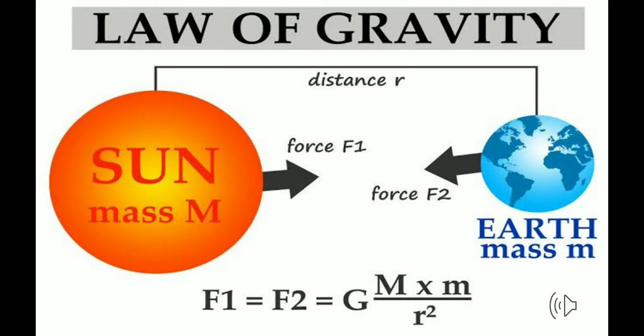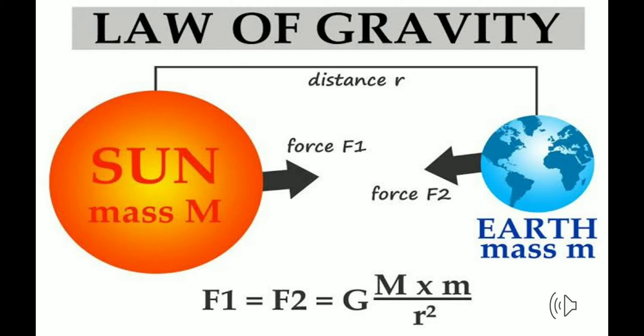As I said, the force applied between the two masses will be F equals G m1 m2 by r square. Here, as an example, I have taken the two masses as Sun and Earth. You can see the distance from the center of the Sun to the center of the Earth is shown as r.